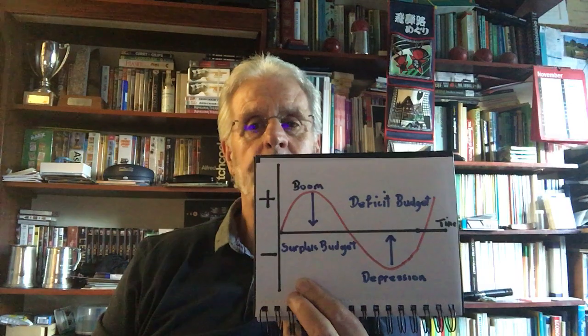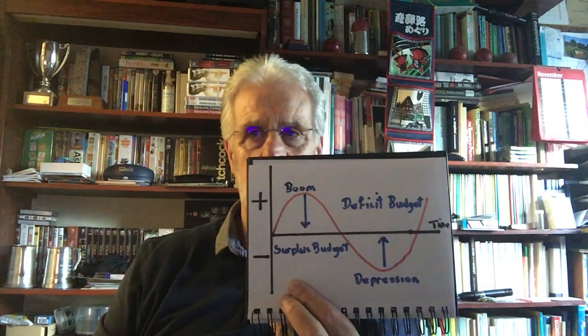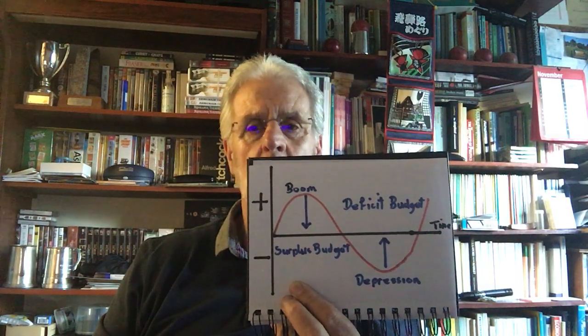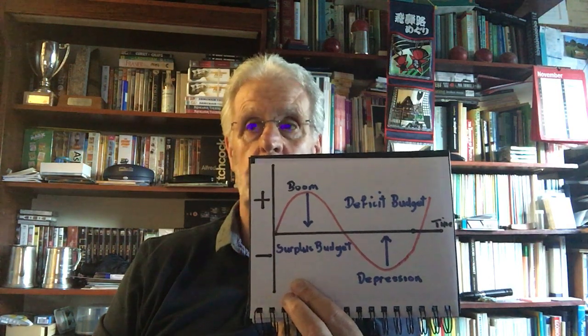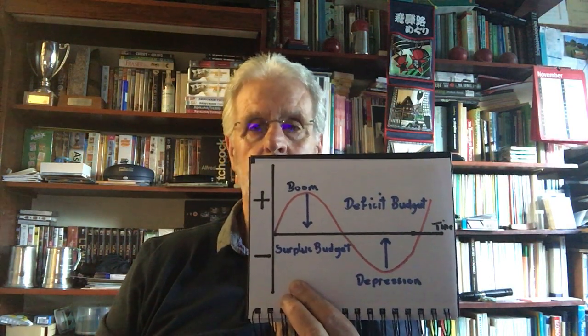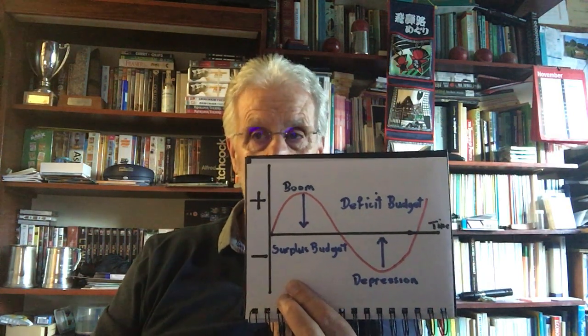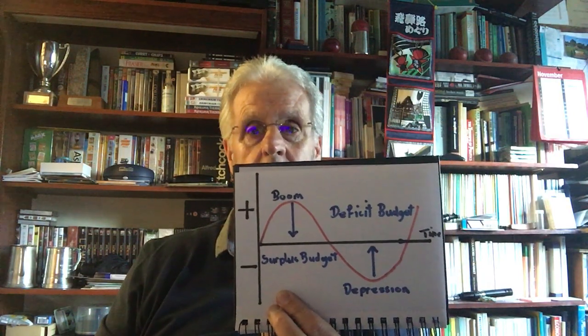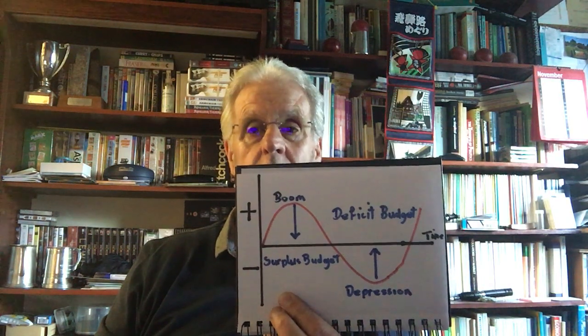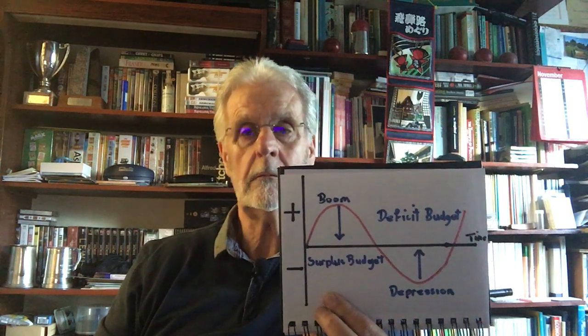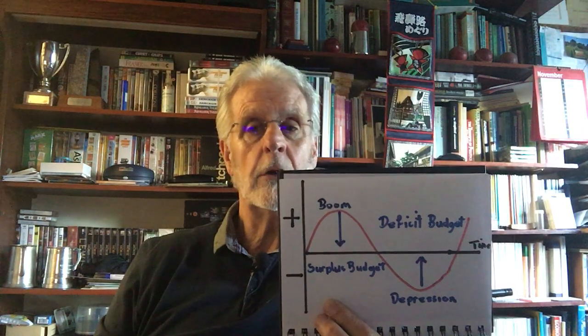Now, at the time that Keynes was observing this, what he was seeing was that the ups and downs were reinforced by government actions. When you're moving into a boom, employment increases, wages go up, tax revenues increase, and the government spends more. That pushes the boom upwards.